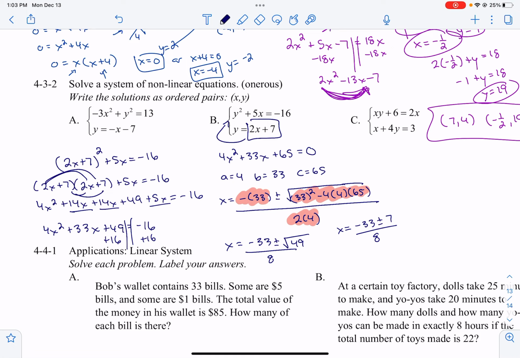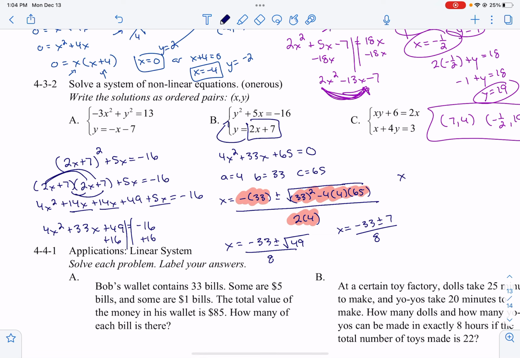Okay, guys. So many of you are getting stuck at this point, and this point is really easy. I have negative 33 plus or minus 7 divided by 8. So let's do the plus first. Negative 33 plus 7 is what? Negative 26.